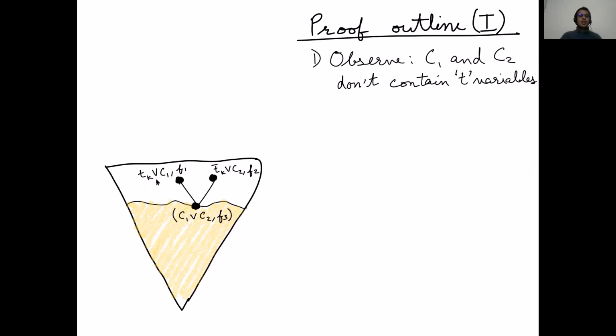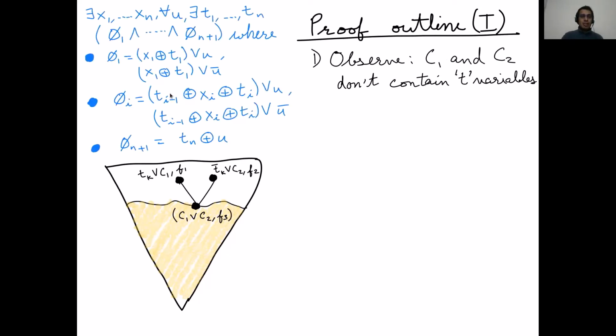It is easy to see that the pivot of the resolution at this point should be a t variable. So let's call it tk. Now let me also write the LQ parity formulas here so we can easily refer to them.